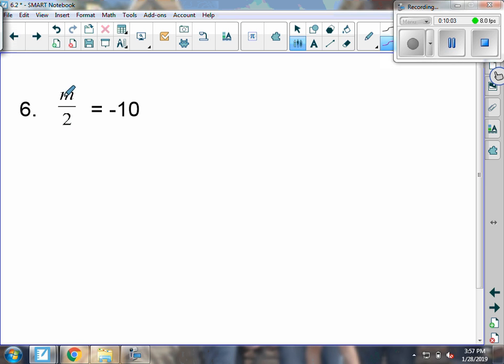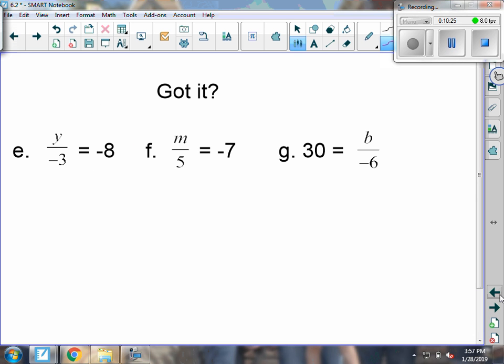So m divided by 2, the opposite of division is multiplication, so I multiply both sides by 2. So that cancels out, and I'm left with m is equal to negative 10 times 2 is negative 20. Okay, go ahead and take a moment to copy these down, please.